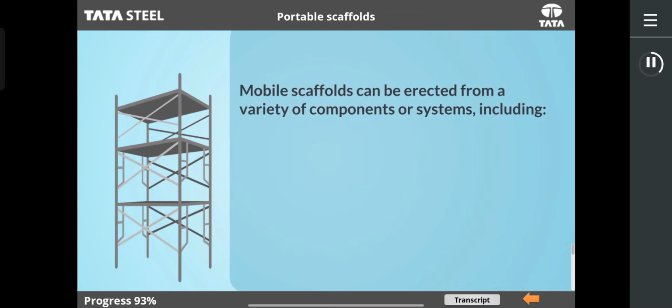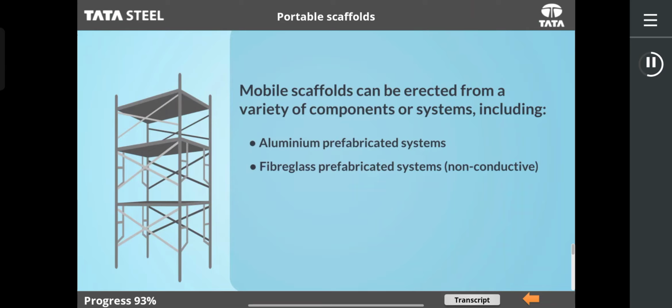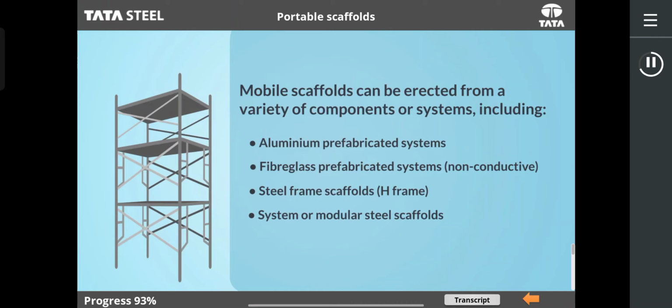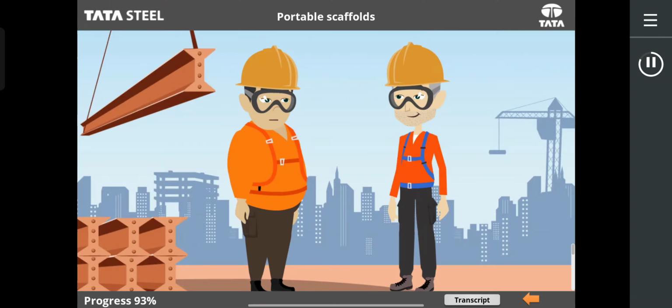Mobile scaffolds can be erected from a variety of components or systems, including aluminium prefabricated systems, fiberglass prefabricated systems, non-conductive, steel frame scaffolds, H-frame system or modular steel scaffolds, tube and fitting scaffolds. Portable scaffolds can be safe if they are maintained and used appropriately. Let us look at some important points to be considered while dealing with portable scaffolds.